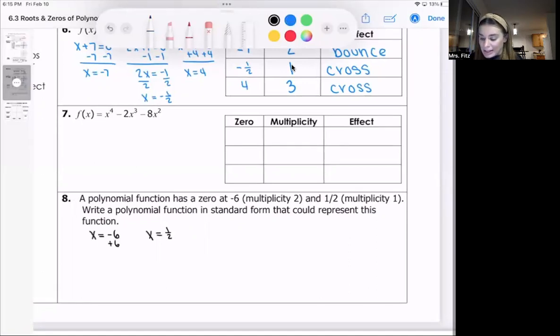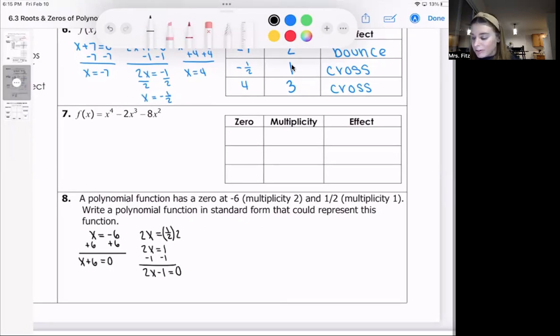If I add 6 to both sides, we end up with x plus 6 equals 0. That's my first factor. For this one, I could multiply both sides by 2. 2x equals 1, subtract 1, and 2x minus 1 would equal 0. That would be my second factor.